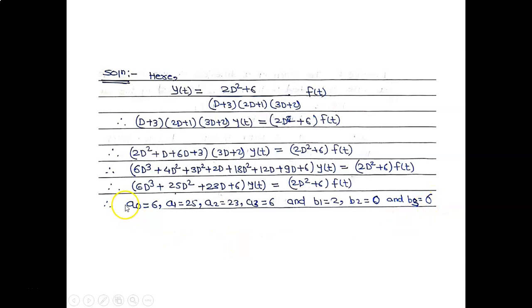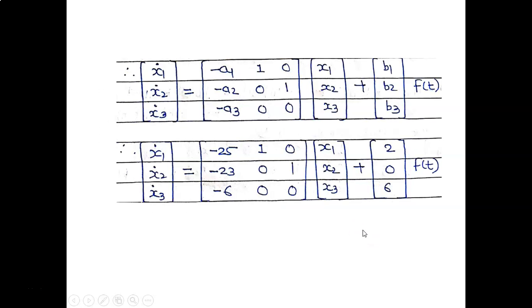Therefore, we will substitute these values in our standard matrix form. x1 dot, x2 dot, x3 dot is equal to the matrix minus a1 1 0, minus a2 0 1, minus a3 0 0, times x1, x2, x3, plus b1, b2, b3 into f of t. Therefore, x1 dot, x2 dot, x3 dot is equal to the matrix minus 25 1 0, minus 23 0 1, minus 6 0 0, times x1, x2, x3, plus 2, 0, 6 into f of t.